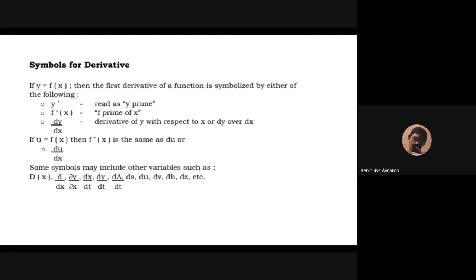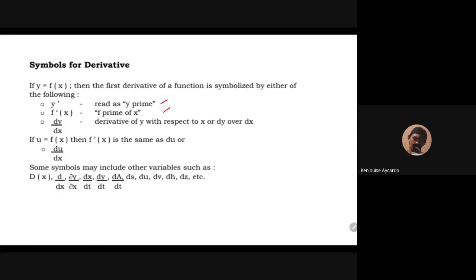So we have here the symbols of derivative. Whenever you see this symbol, that symbol means derivative. So if y is equal to f of x, then the first derivative of a function is symbolized by either of the following. It's called y prime. We also have the second derivative and third derivative, f prime of x.